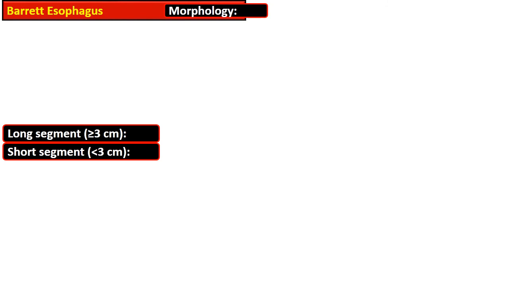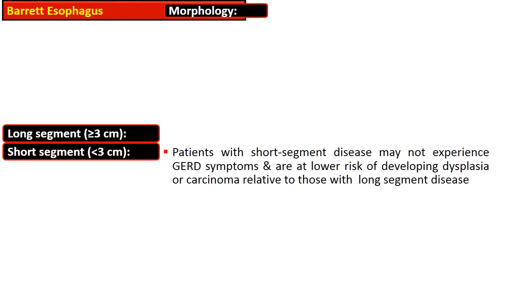When the Barrett's esophagus is affecting an area of 3 centimeter or more, that is long segment Barrett's esophagus disease. Or if it is affecting less than 3 centimeter area, it is the short segment disease.